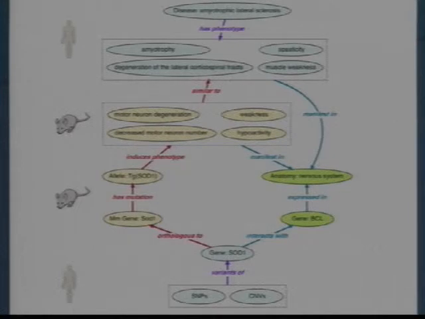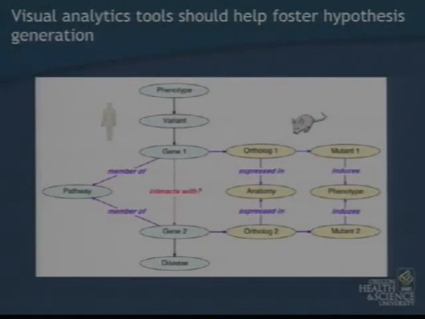So it's a challenge to make sense of all of these data and relationships and to create this kind of visual picture with existing tools and resources like the traditional animal model databases. So why is that important? It's important because our tools should help investigators form hypotheses about genotype-phenotype associations and how they underlie human disease.